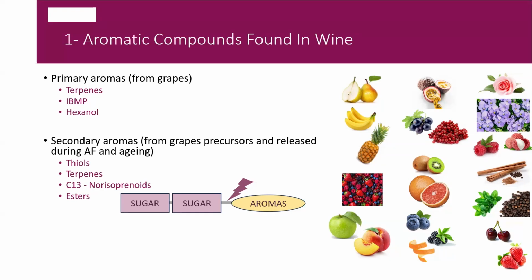Then the terpenes can also be released during the fermentation. Basically the aromas are bound to a sugar, and an enzymatic reaction will release the aromas from the sugar and make the terpenes volatile, so odorant.